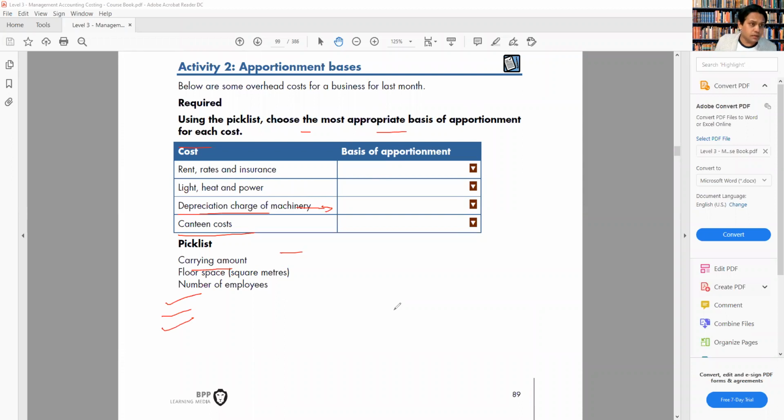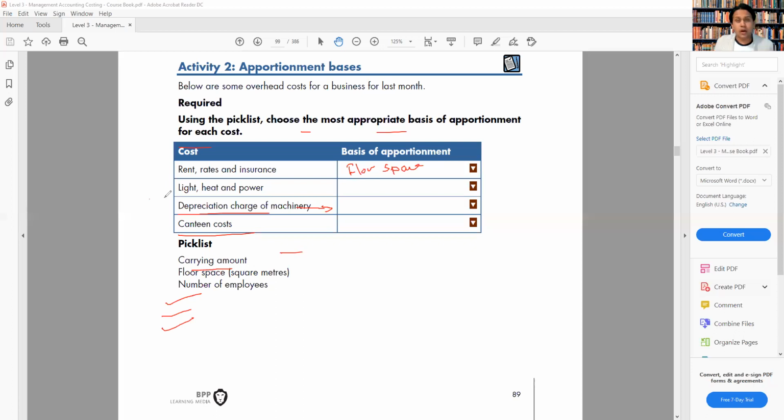Very well done, Sharon. Very well done, Michelle. Yes, Linji, that is right. Very well done, Jeno. So that will be our floor space, because rent, rates, and insurance, how much it will be depends on how big the building is. Very well done, Nazia.